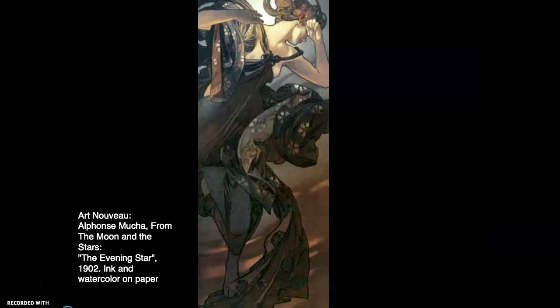The Vienna Secession, Art Nouveau. This is a Mucha, and he takes an Asian sensibility.